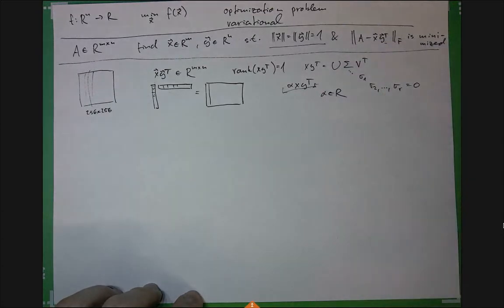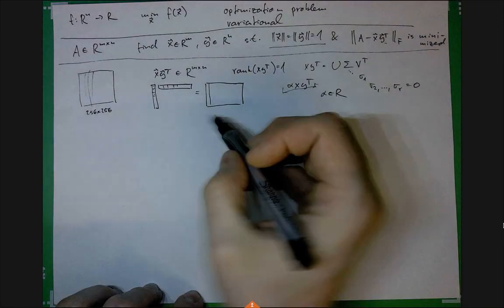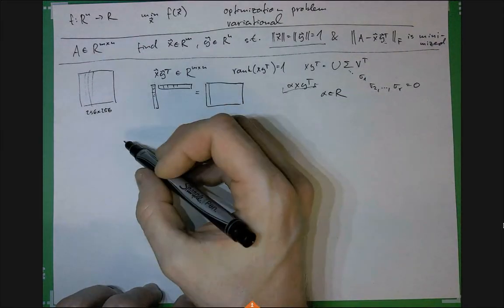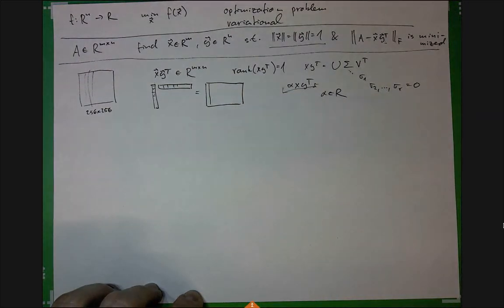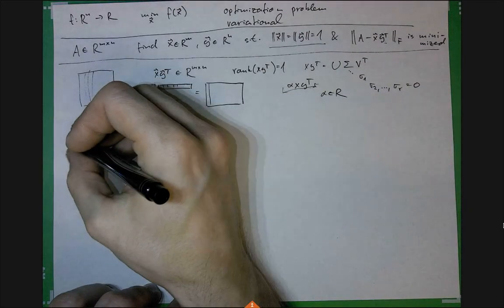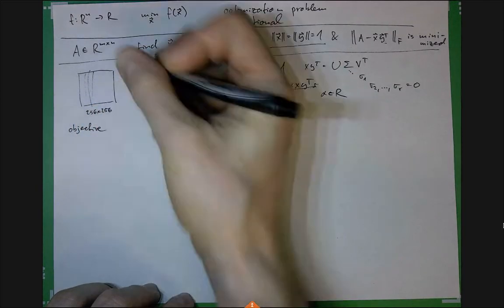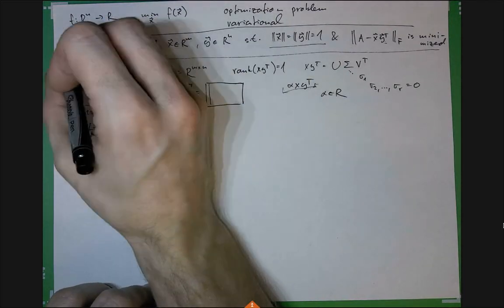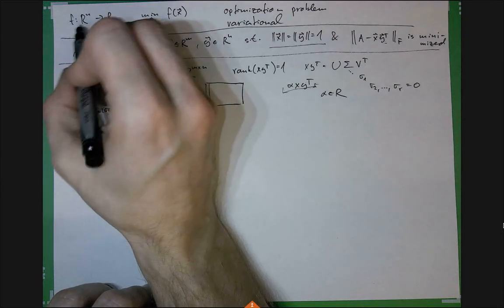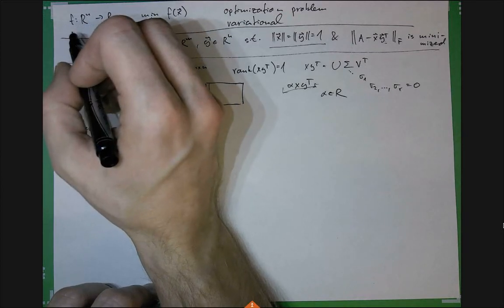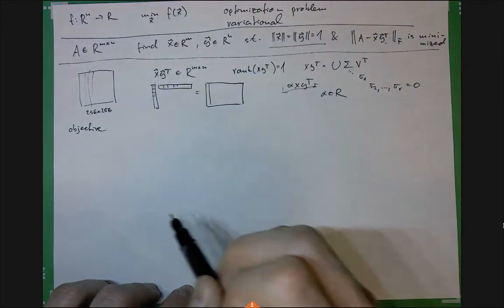If I square it and minimize it, I must get the same result, because for positive numbers, x squared is a monotonic function. So my objective, the f I talked about in the general optimization problem, sometimes called the cost function, is the function I want to minimize.